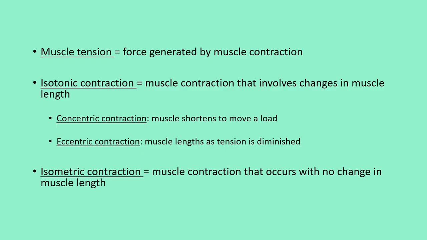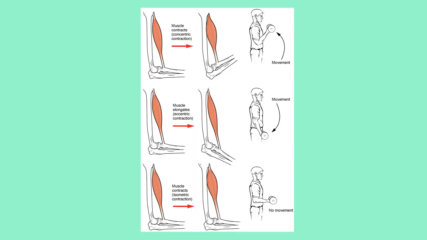Concentric contraction is when the muscle is going to shorten. And eccentric contraction is going to be when the muscle length is diminished. So, isometric contraction is the muscle contraction is occurring, but there's no change in the muscle length.